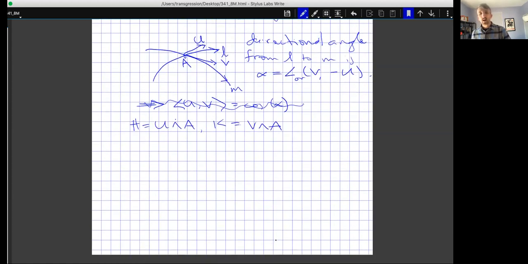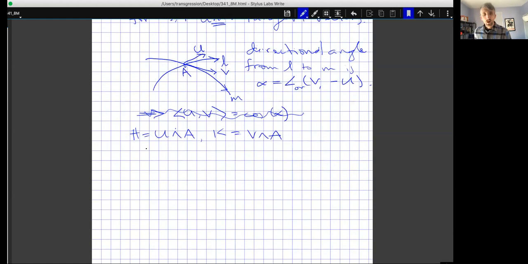And when we do that, the correct formulas are that the inner product of those normal vectors gives us cosine of alpha, and the wedge product of H and K gives us A times sine of alpha.